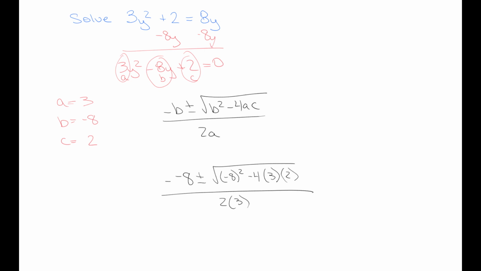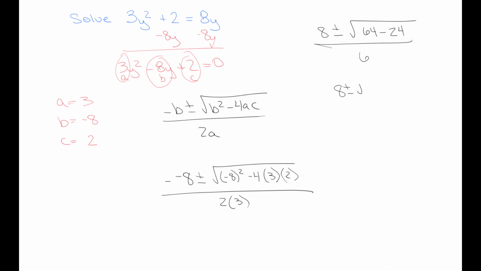So when I simplify that a little bit, I'm going to get 8 plus or minus the square root of 64 minus 4 times 3 is 12, times 2 is 24, all over 6.